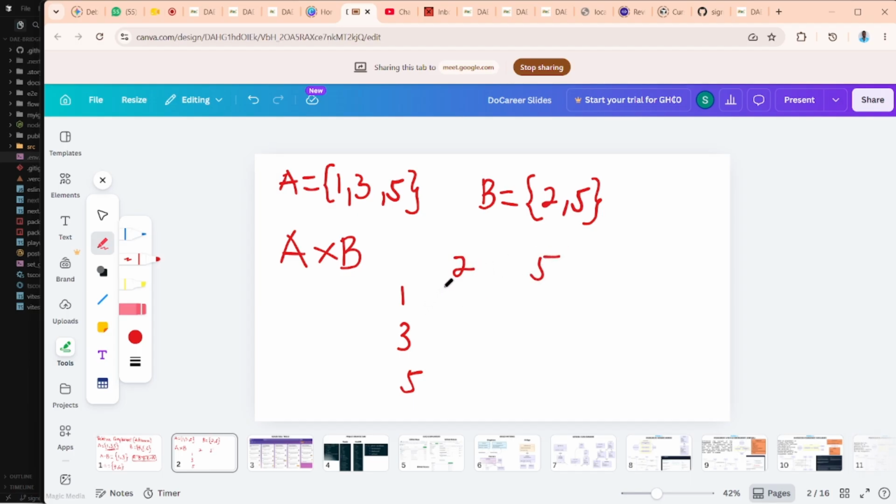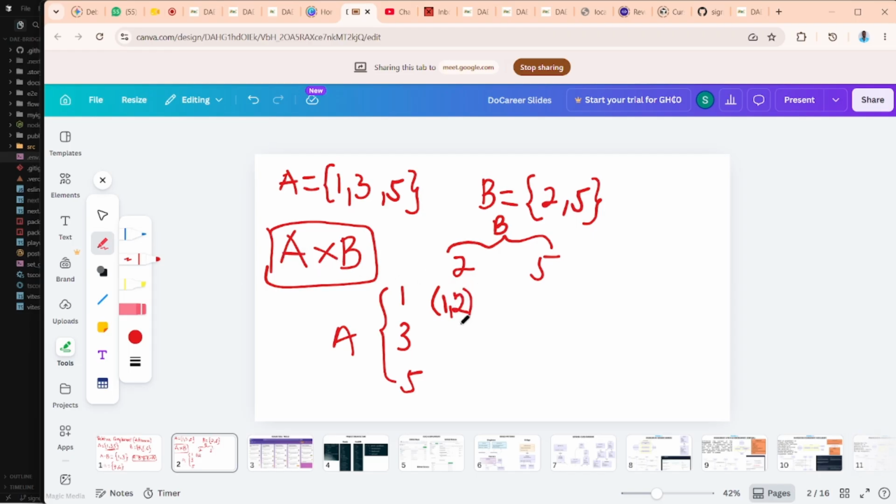So we try to group them in brackets, not curly brackets, in parentheses. Whatever you have here should be for A, and whatever you have here should be for B. This is the case where you have to worry about the order: when you are defining the Cartesian product, you should follow that particular order. Very important. So this will form the ordered pair.